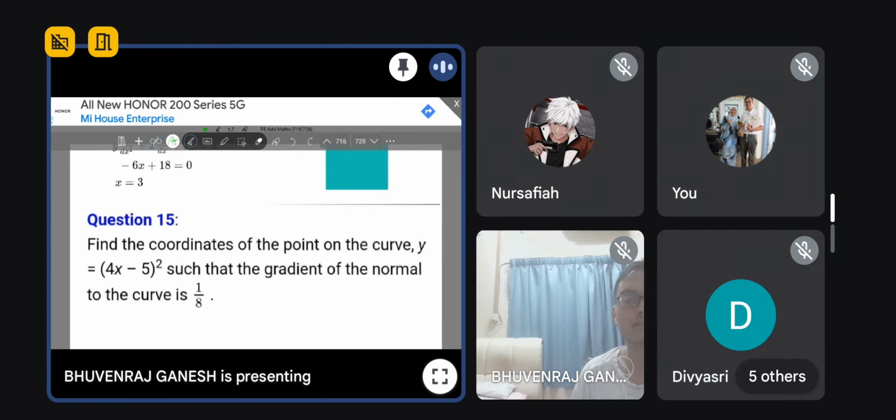Kamu boleh bezakan yang ni. So you will get 2, 4x minus 5, differentiate the bracket, 4. So you will get a total of 8(4x minus 5). Now, nilai ni akan sama dengan nilai ni, because both of them show the gradient of the tangent. Kedua-dua menggambarkan kecerunan tangent. Then you can find your x value already.